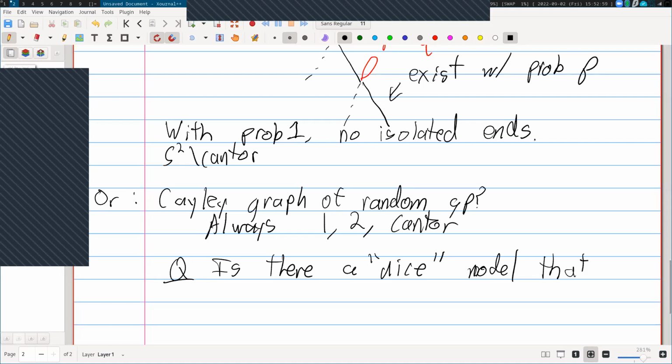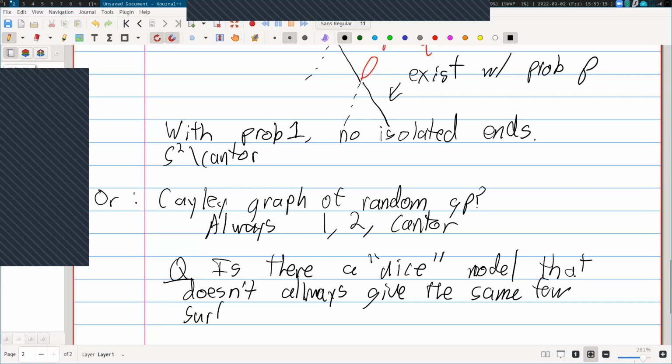Is there a nice model that doesn't always give the same few surfaces? Yeah, that's basically the end of my talk.